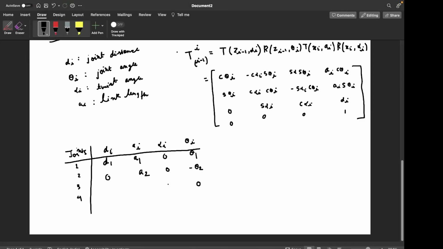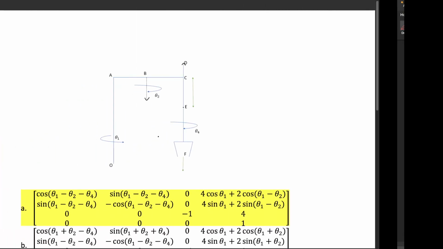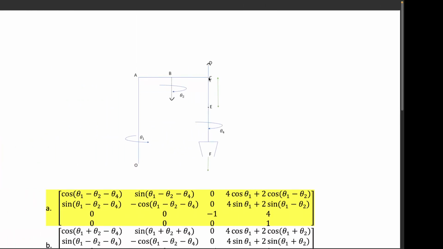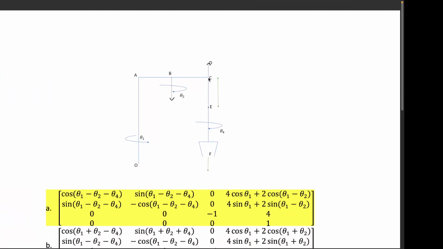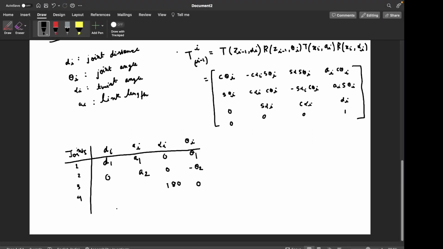So this is 180. Now the link length is the distance between bi and oi. In this case the origin and the intersection point both lie at C, so this will be 0. And finally we have the D3 parameter.